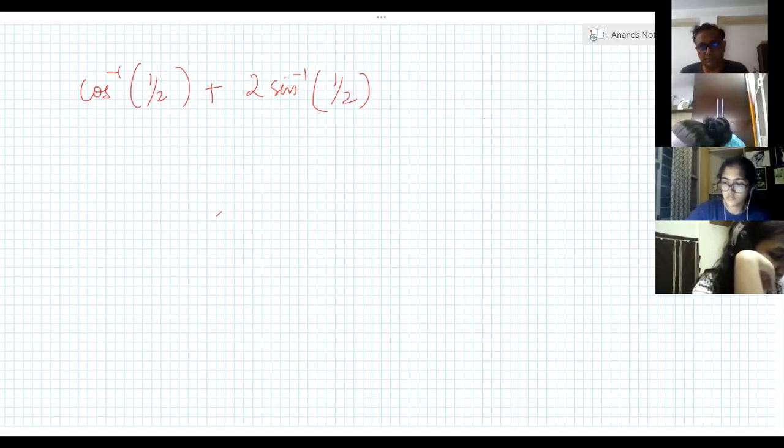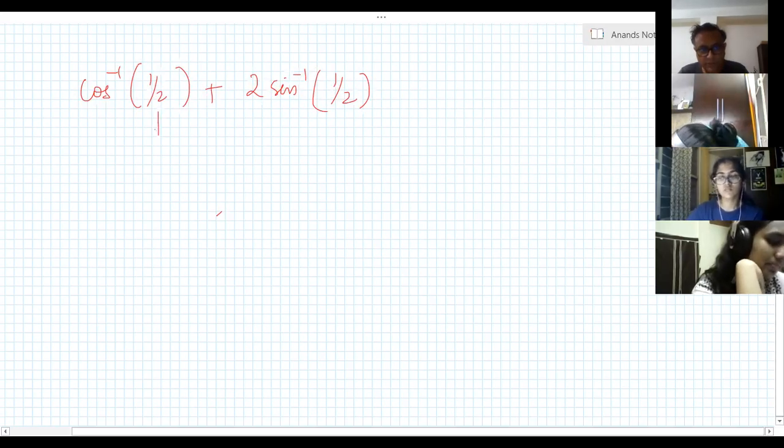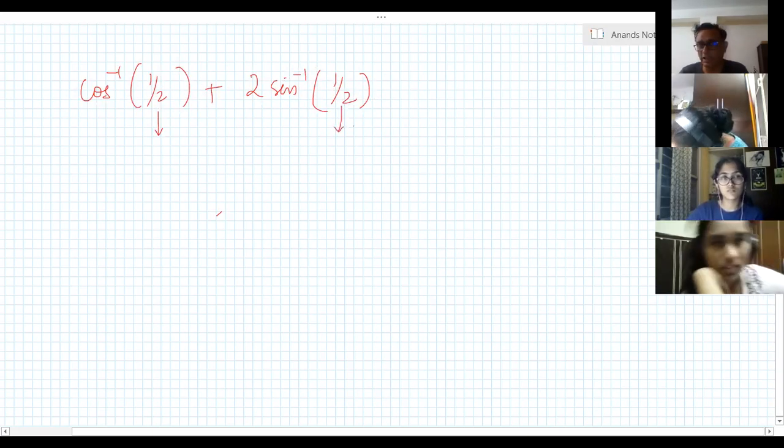The thing is same, but each of these you have to pick up the principal value. You have to take it independently. This also you have to take independently. Pick up the principal values, finally plug it.